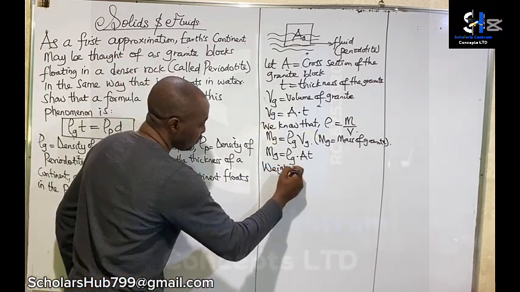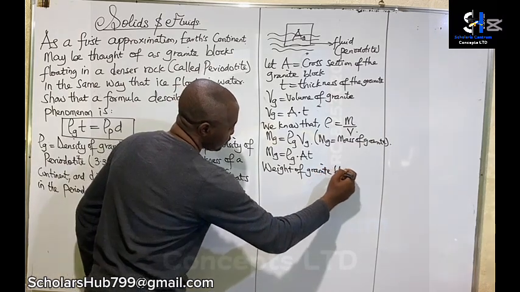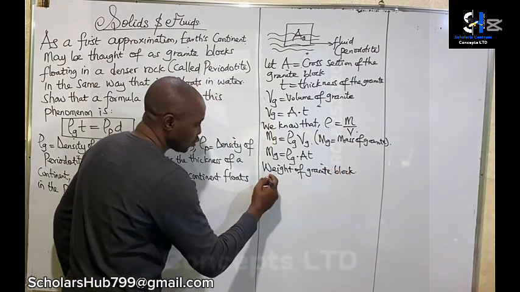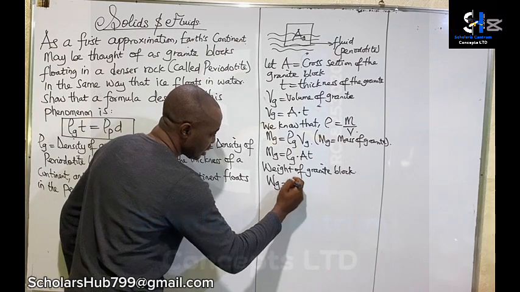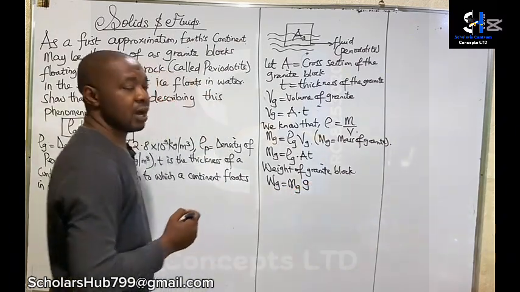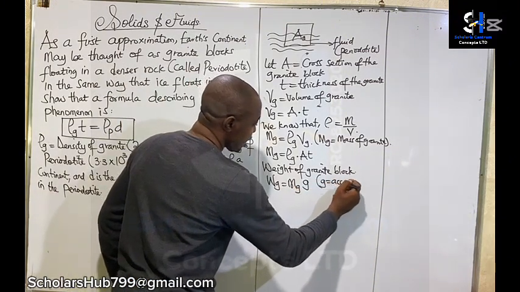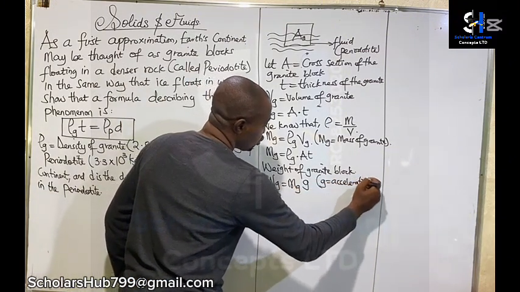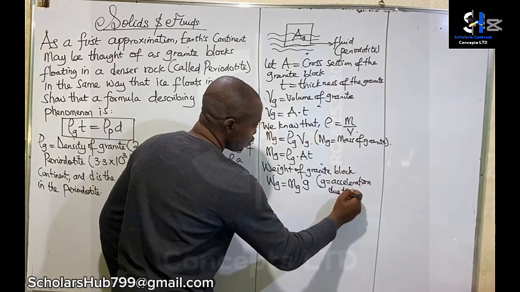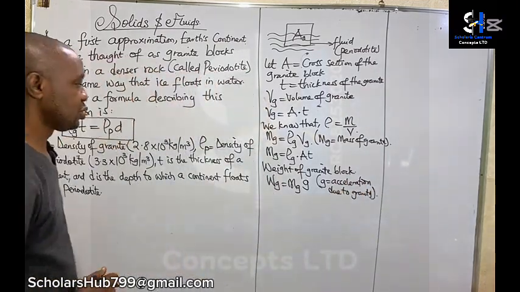Weight of granite block. We know that weight of granite will be mass of granite multiplied by acceleration due to gravity. Remember, g is the what? Acceleration due to gravity.